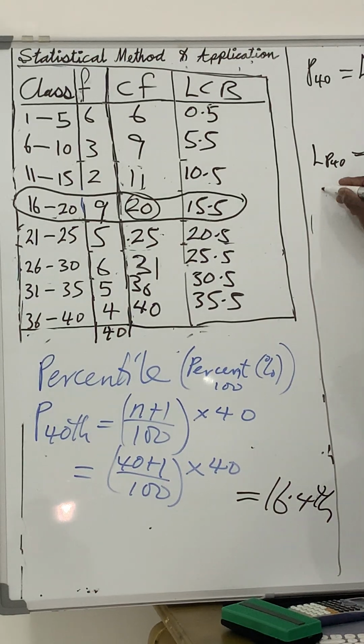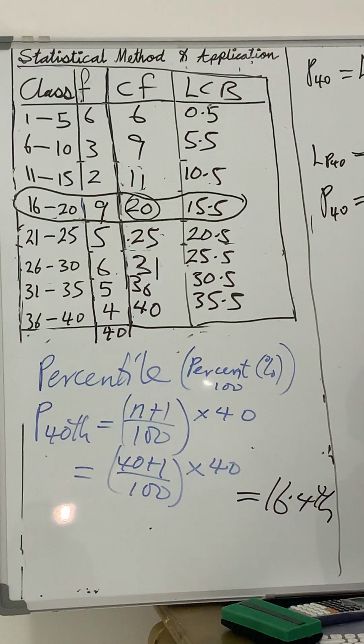Then we can compute our P40 now to be 15.5 plus summation of frequency is 40 times 40 divided by 100 minus summation of frequency lower than this, which is 11, all over frequency in P40, which is our 9, multiplied by 5.